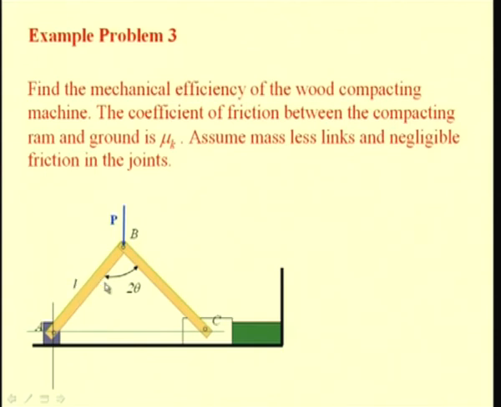Normally these kinds of machines are powered by motors which rotate this crank AB, or in some other cases a force can be applied to this joint B by another connecting rod, which is in turn connected to a crank and a motor.